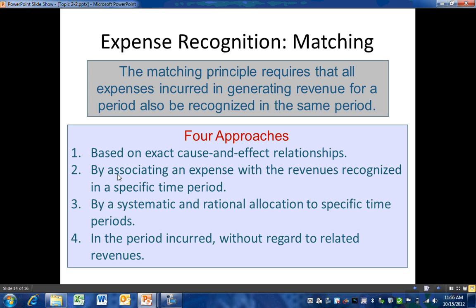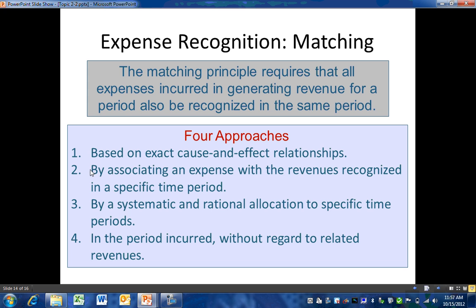If we do not have an exact cause and effect relationship, we can associate them with a specific period of time. For example, if we have office workers, they cannot be directly associated with a unit of product, but we can associate their expense to the same time period in which revenue is being recognized.